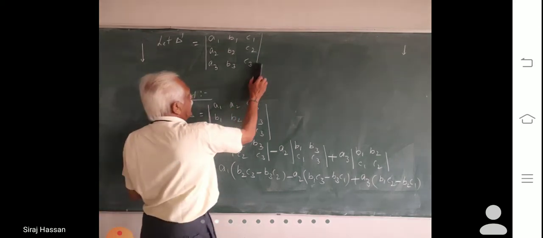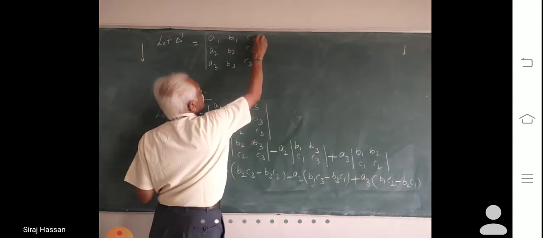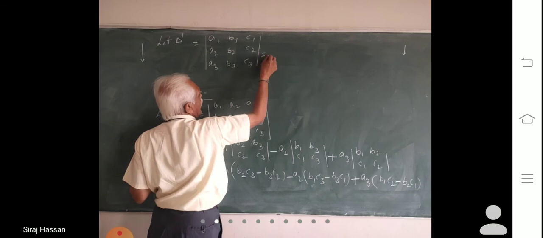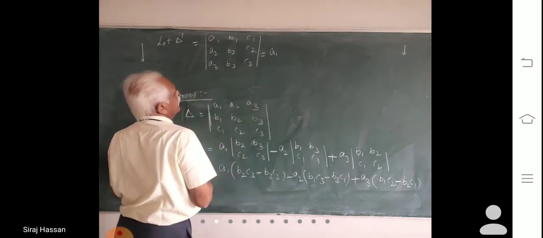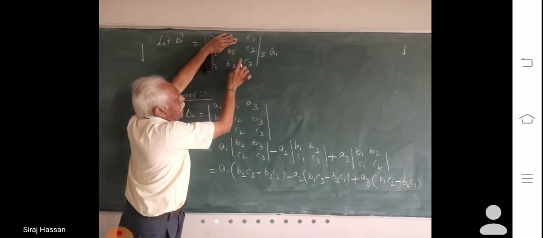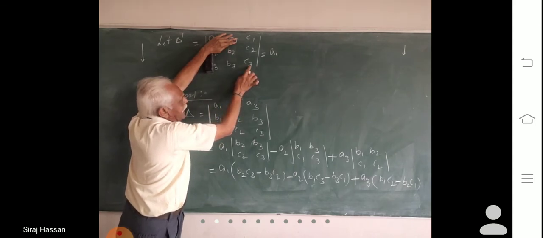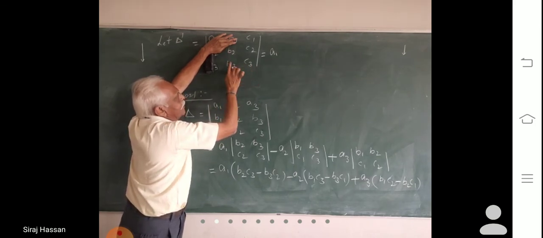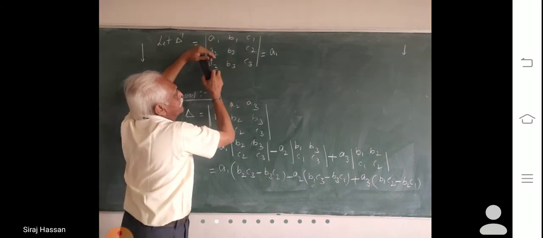Now, expand this. We are getting A1, eliminating the row and the column, you have B2 C3 minus B3 C2.